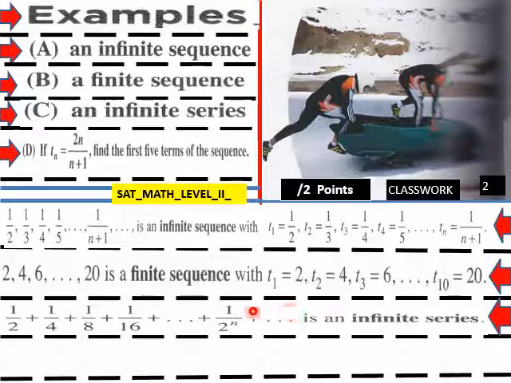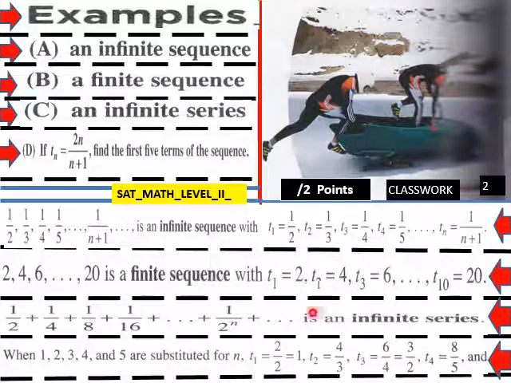And then if term n equals 2n over n plus 1, find the first 5 terms of the sequence. Again, we're dealing with a sequence here, not a series.